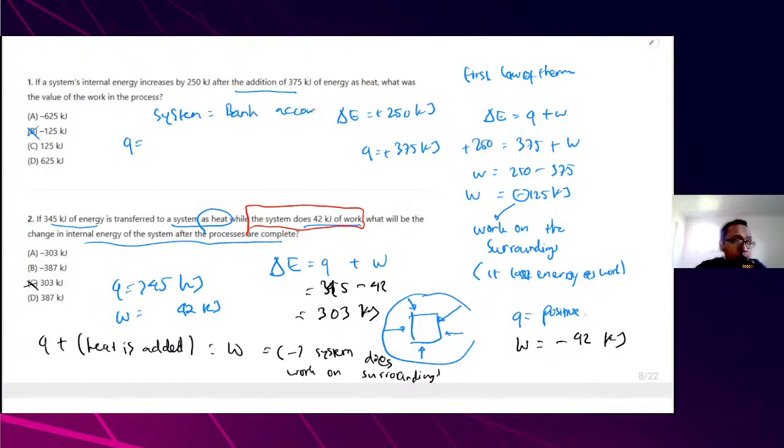The money deposit or withdrawal is energy transfer. So if someone gives you money, or you receive a deposit, your account increases. If heat is added, Q will be increasing. Q will be positive.